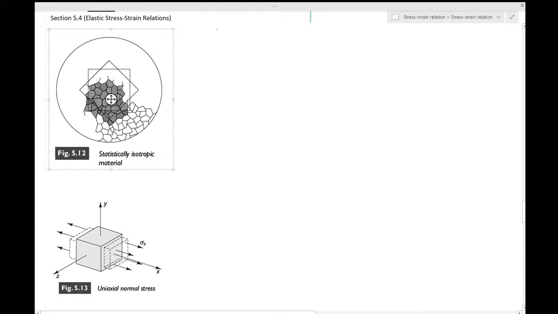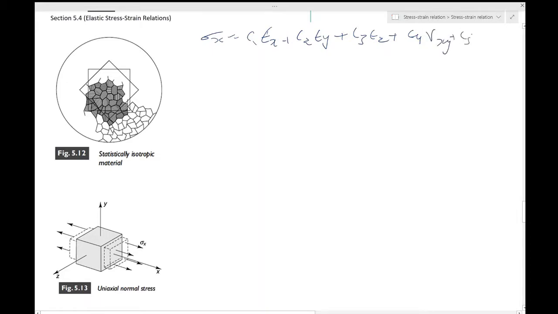So I will give you one example. Sigma x will be equal to C1 epsilon x plus C2 epsilon y plus C3 epsilon z plus C4 gamma xy plus C5 gamma yz plus C6 gamma zx.